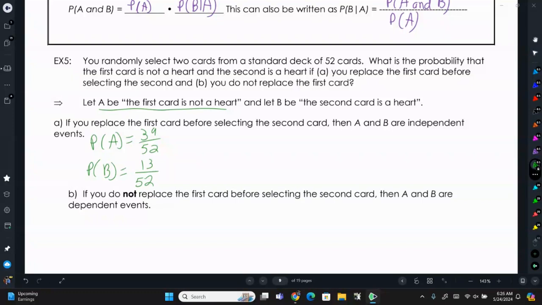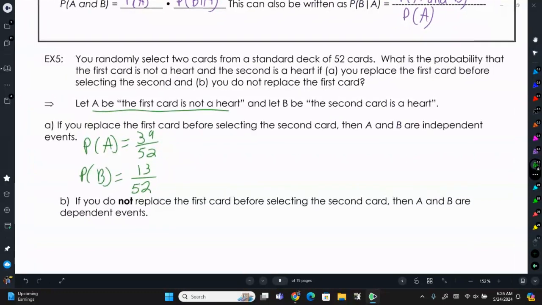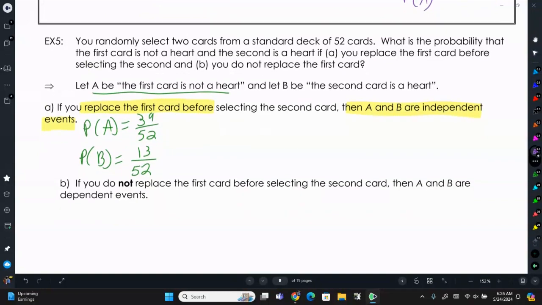So when we learned about independent events, we can just multiply the probabilities. And like it says right here, if you replace the first card, then A and B are independent events. So the probability of both happening would be 39 over 52 times 13 out of 52.